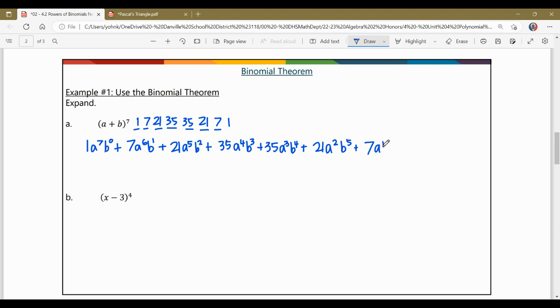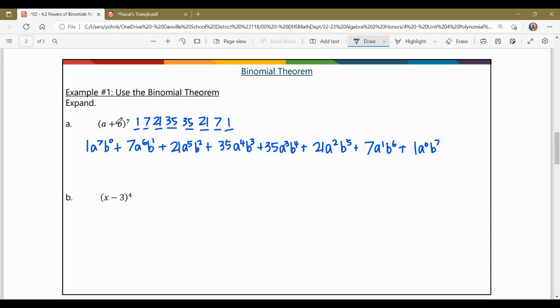Go down a power for A, so A to the 1st. Go up a power of B, B to the 6th. Plus, grab the last coefficient, 1. A to the 0, B to the 7th. So each time you're putting the number from the row in Pascal's triangle, you're going down in powers for the first thing, and you're going up in powers for the second thing.